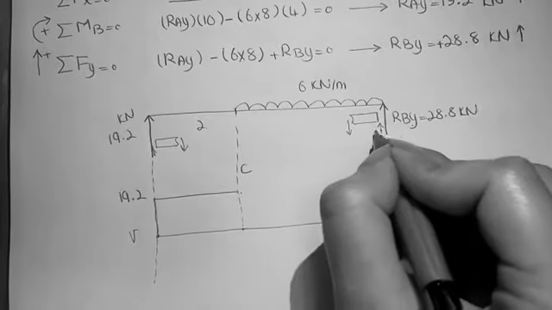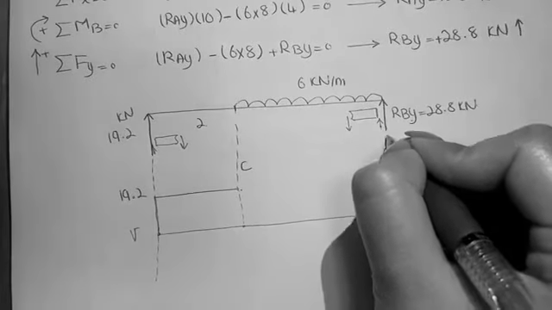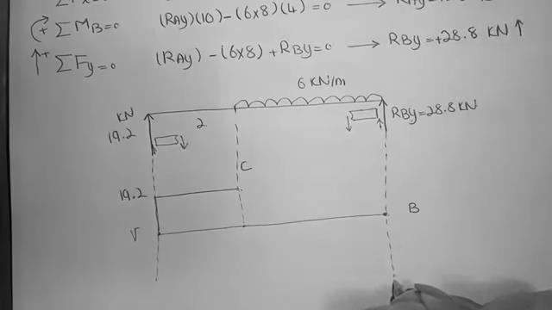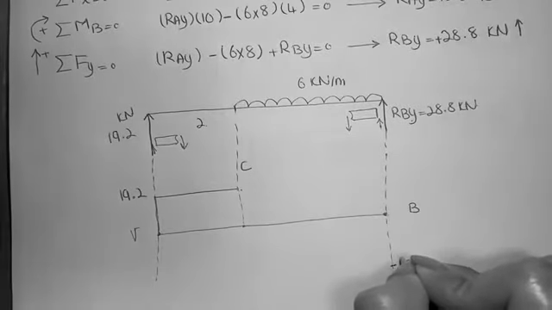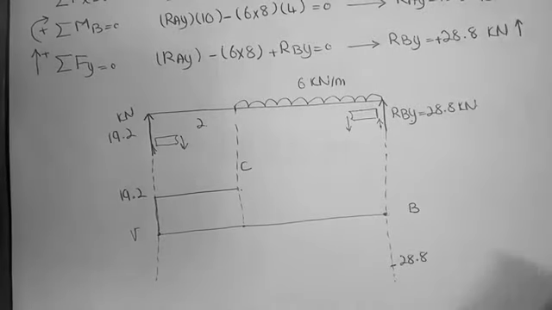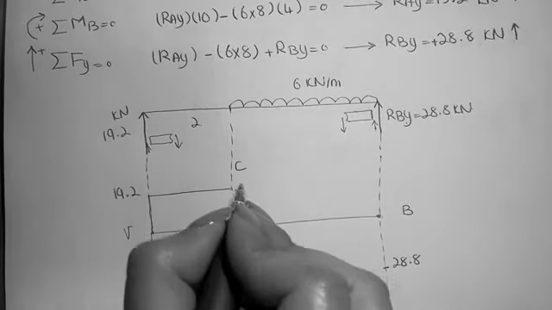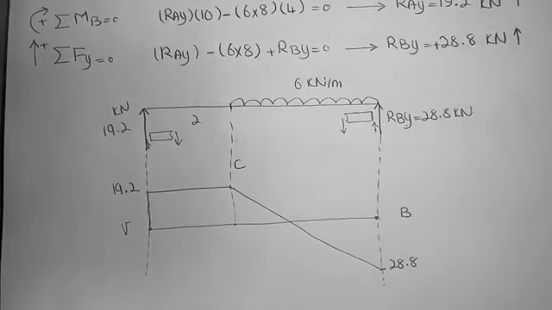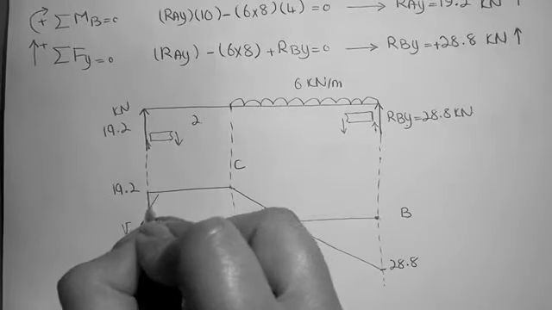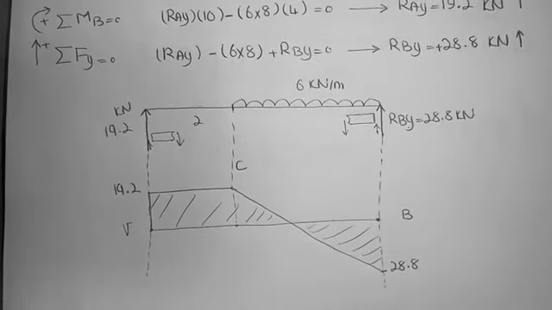So based on the sign convention, it is negative shear. So at this part, you have negative shear of 28.8 kilonewtons, and from point C until point B, you are going to linearly decrease the shear force. This is the shear diagram of the beam.